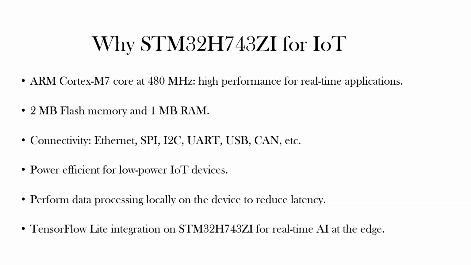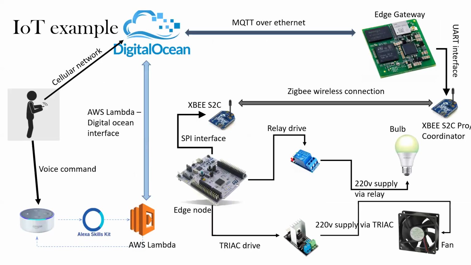But TensorFlow Lite is basically a subset of TensorFlow with a small form factor, which we can easily integrate in our STM32 microcontroller, especially in H7 series microcontrollers, because they have plenty of memory. This is just one example of IoT.